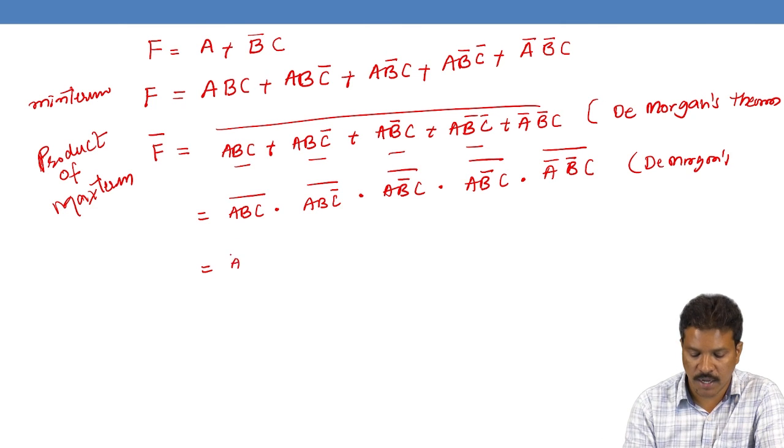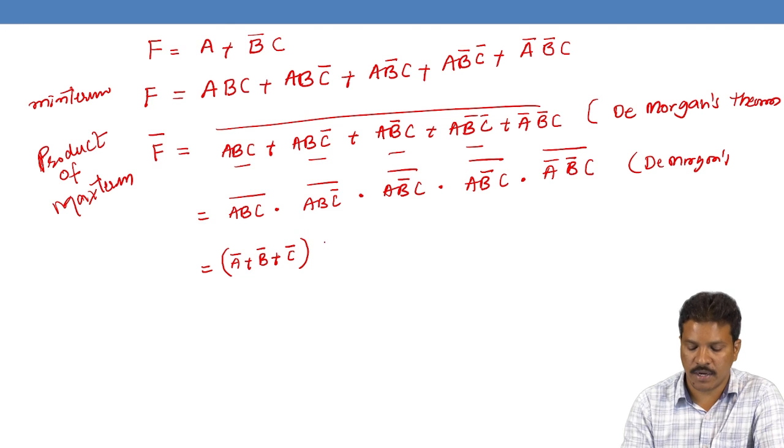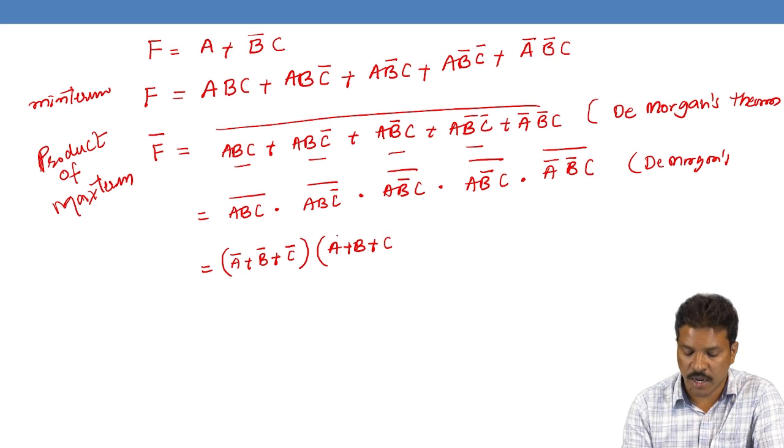So we will get A bar plus B bar plus C bar, in bracket we can represent. Then A plus B plus C double bar, A bar B bar, already bar is there.